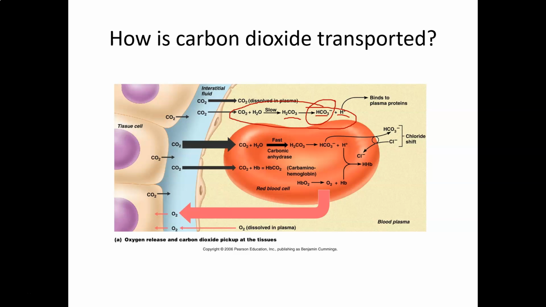So it's not even mostly transported as carbon dioxide, it's transported as bicarbonate ion. Some of it gets attached to the hemoglobin, and the hemoglobin transports it. And then some of it is just in the plasma floating around as carbon dioxide. So there's 3 ways you transport it, but by far most of it is actually as bicarbonate ion.